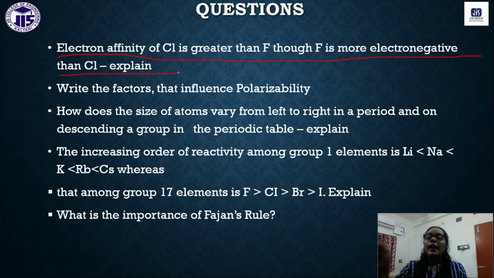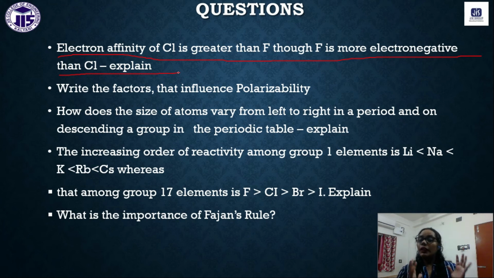Anion means the element has very high electron density, and cation means the electron deficient atom. Now while both come to each other, the cation will have the tendency to attract the electron density on the anion towards itself. So this power is called the polarizing power, right?